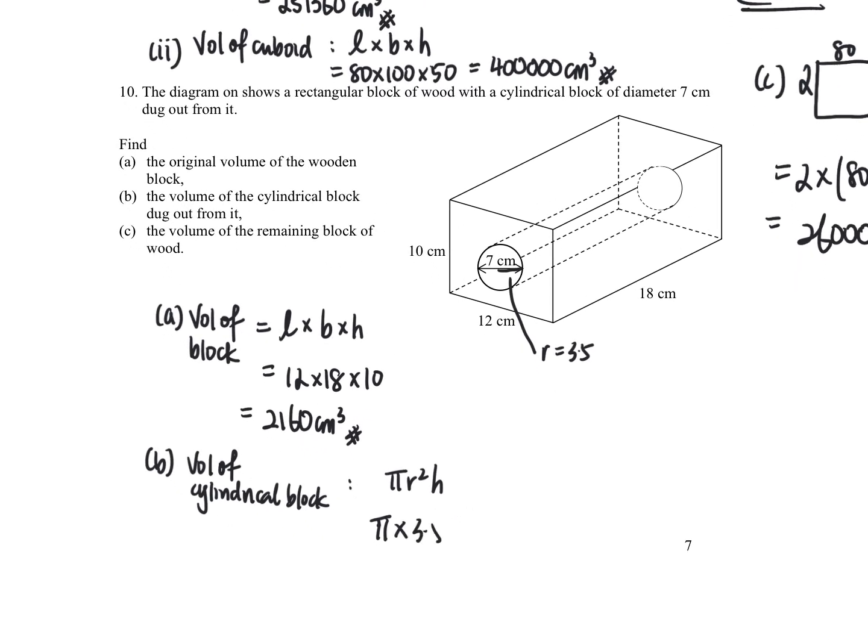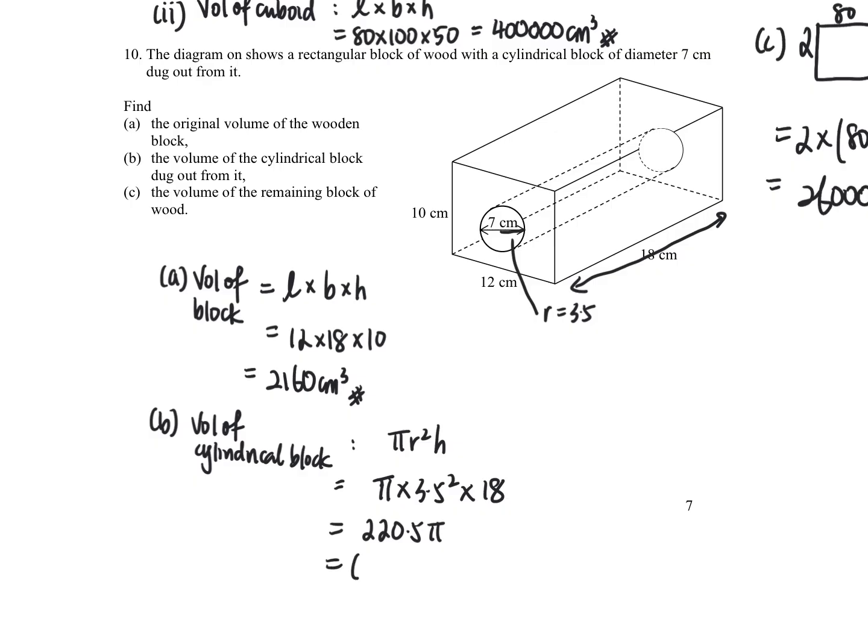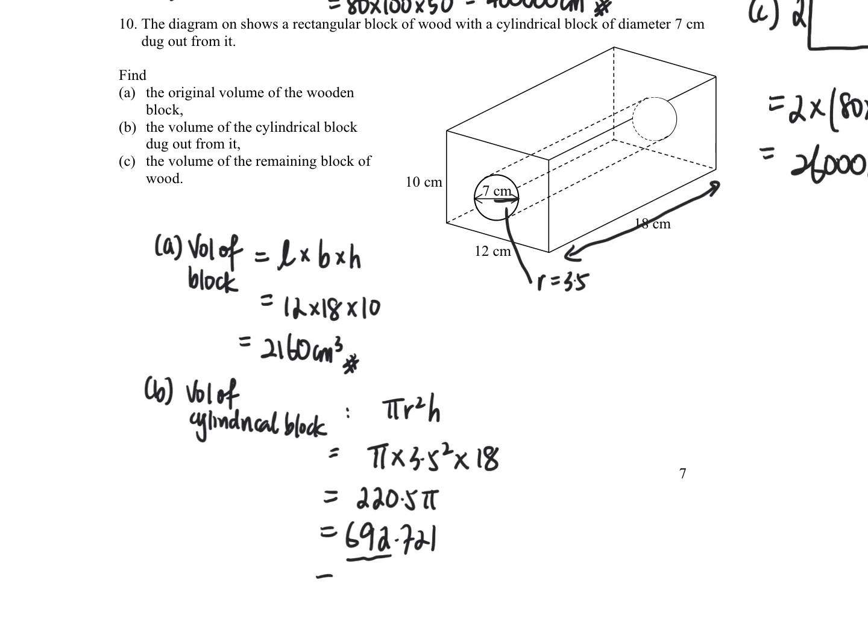Okay, 3.5 square. The height is how long the cylinder is, so it's 18. Okay, good habit. 220.5 pi. And then you give me the answer as 692.721, 3SF 693.